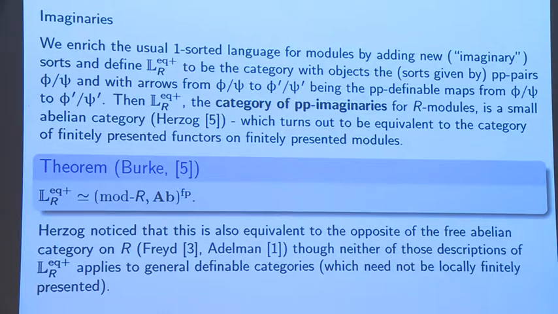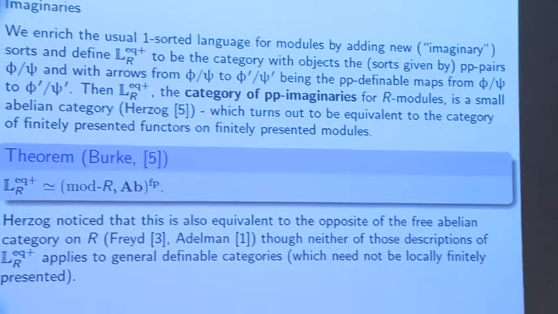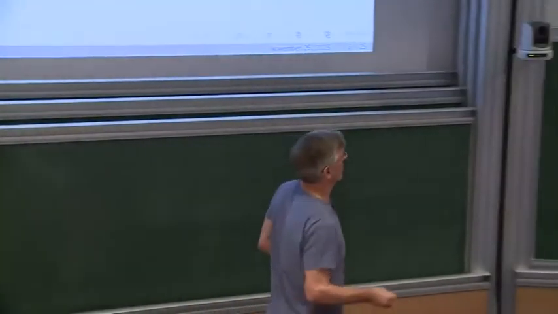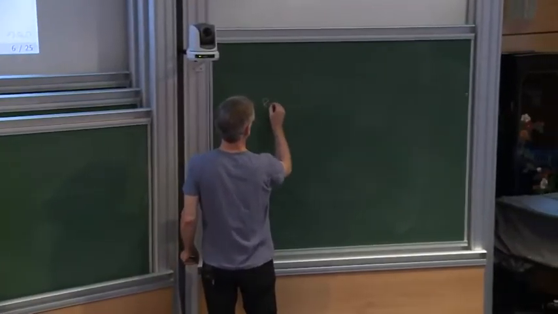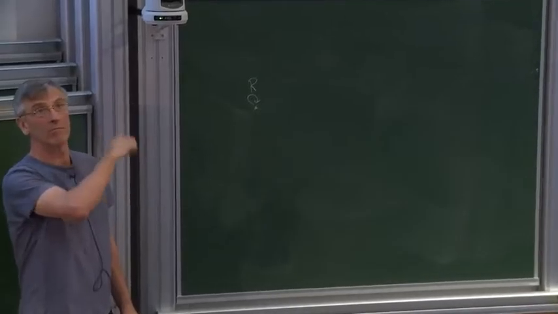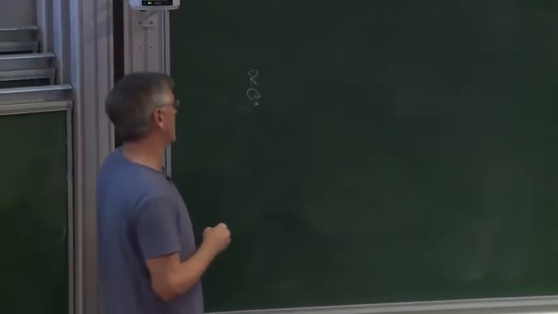It's not the modules over R. If you start with just a ring, I'm thinking of a ring as a one-object pre-additive category with the elements as the endomorphisms.